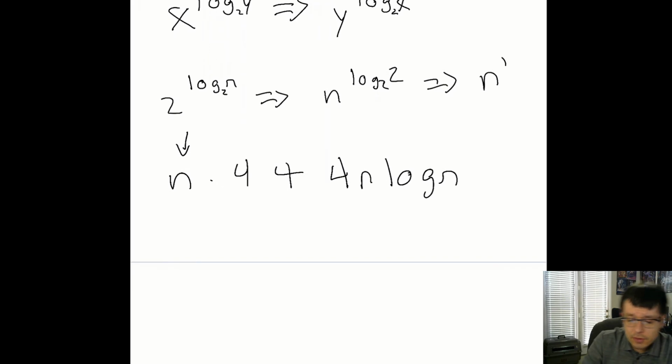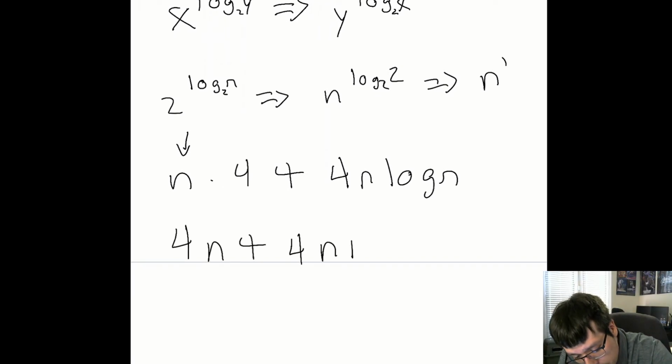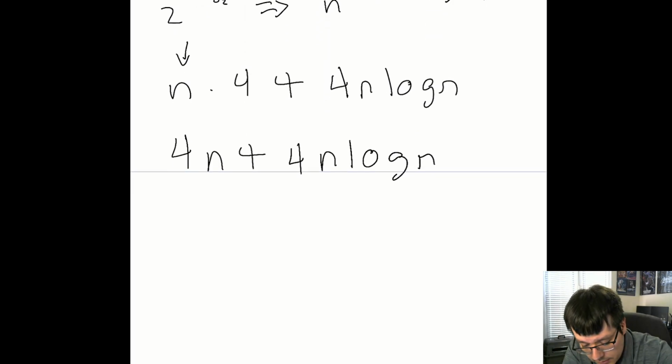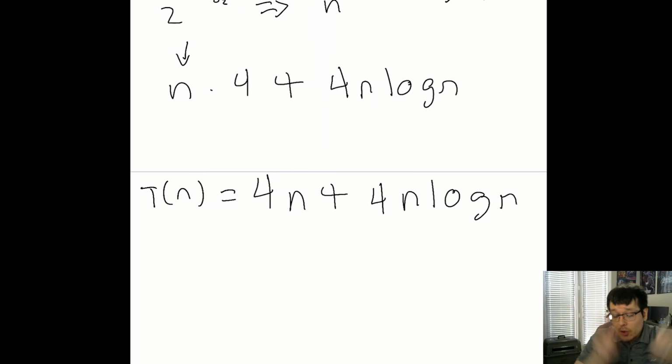Okay, so let's just flip that so that it looks nicer, and let us go ahead and put our T of n in there, okay? Well, would you look at that? No more T of n's on the right side, and no weird numbers like the 2 to the power of log n.